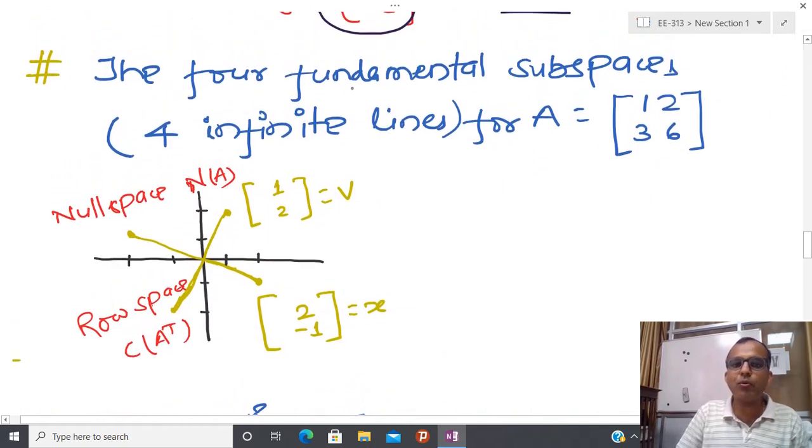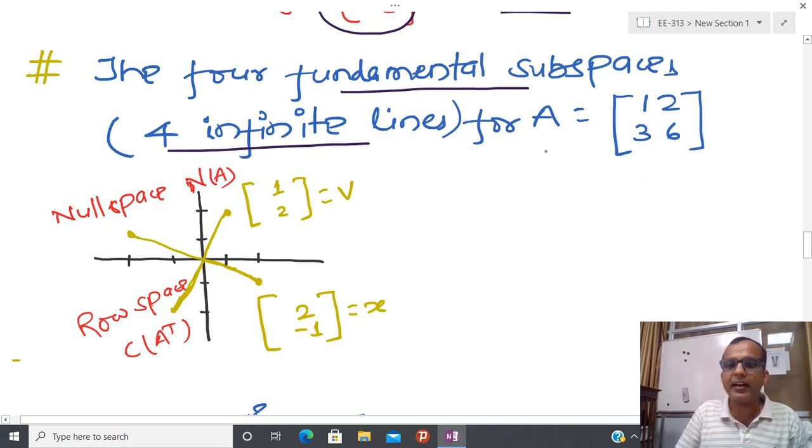The 4 fundamental spaces associated with that matrix are 4 infinite lines, and here you can see that if this represents the null space, this represents the row space.